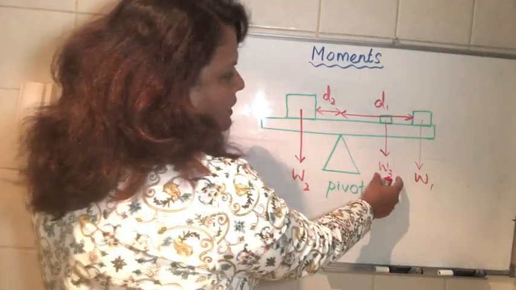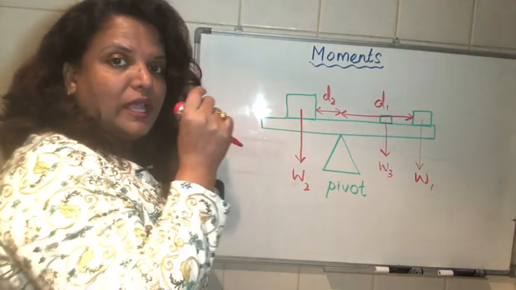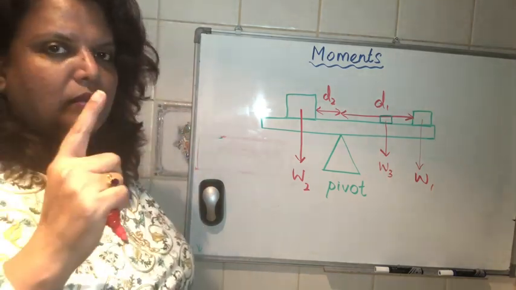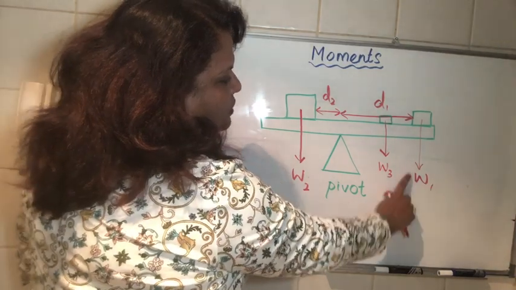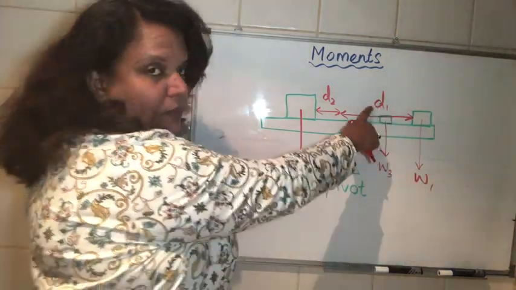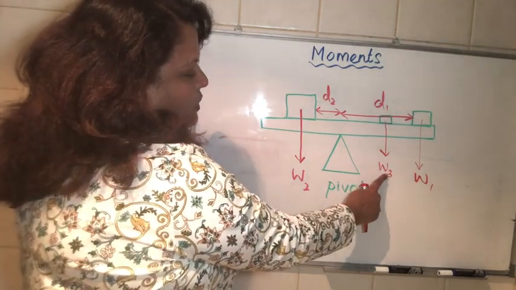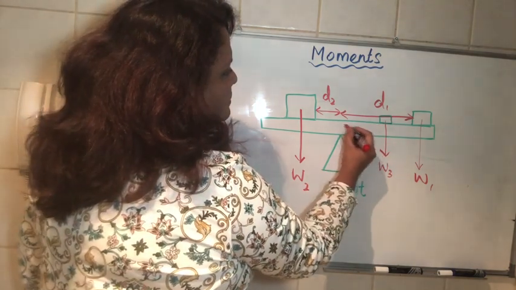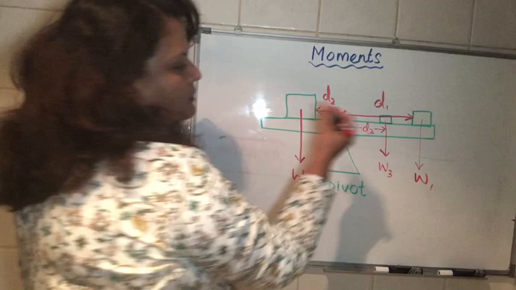Now since there are two forces acting here, you have to add their moments, not just their forces. Keep that point in mind, add their moments. Now as we saw earlier, the moment due to W1 will be W1 into D1. And what will W3 be? The moment due to W3 will be W3 multiplied by the distance from the pivot to that particular object.